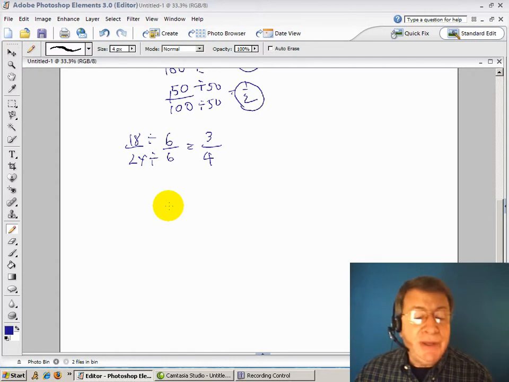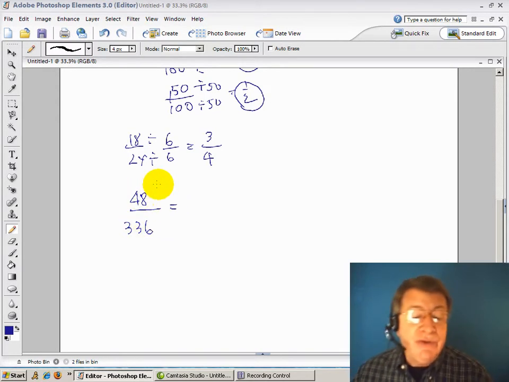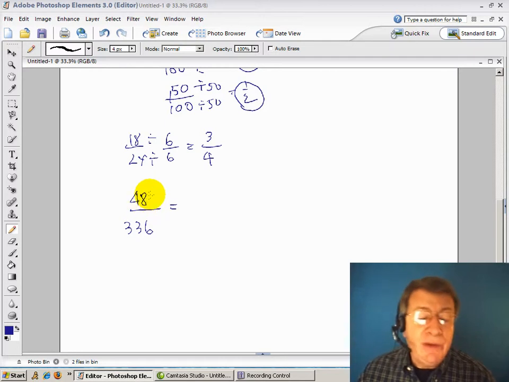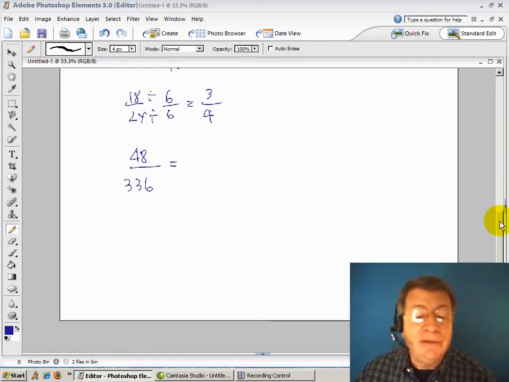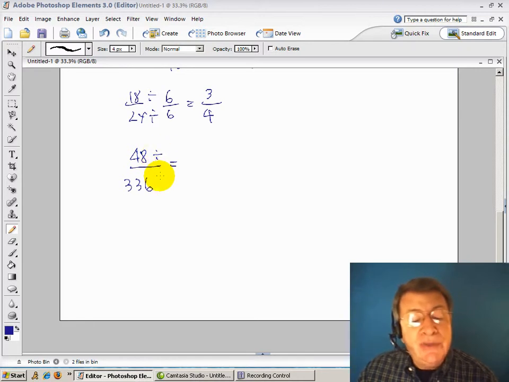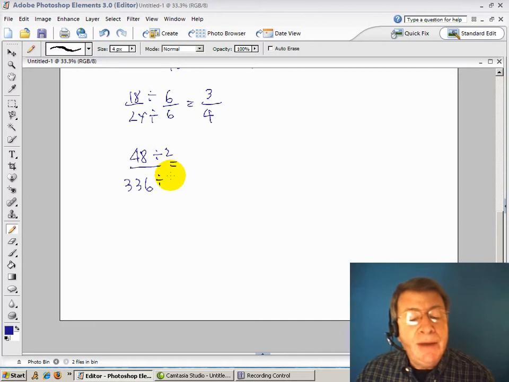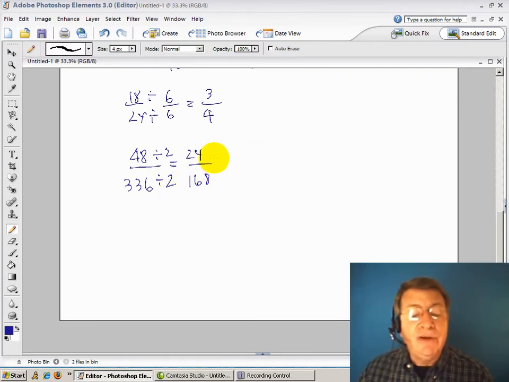However, sometimes we can be given nasty problems. What if we had 48 over 336? Now, there's a lot of ways to do this. One of them is to chip away at the numbers, and this could take a long time, but it still gets us to the correct answer. We notice that both of these are even numbers, so we can divide top and bottom by 2, and by doing so we get 24 over 168. If you want to do that off to the side, you can verify it.